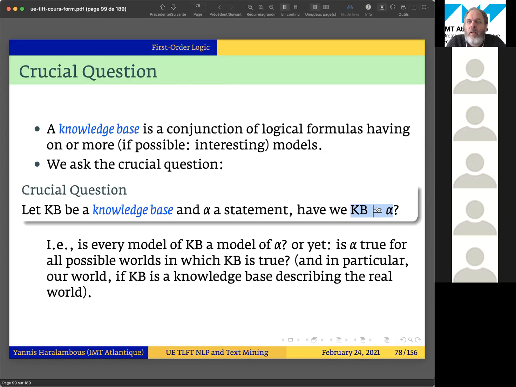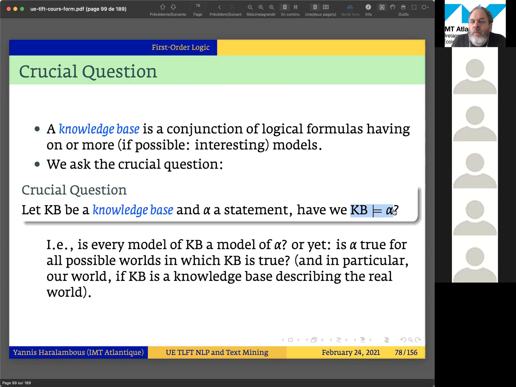What I want to know is, is my statement a consequence of all the statements that others have already established? In that case, my statement can be added to this knowledge base, or at least can be inferred from this knowledge base. So it's part of this theory. And this is what we do when doing science.